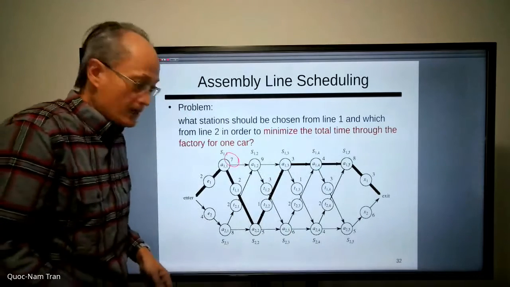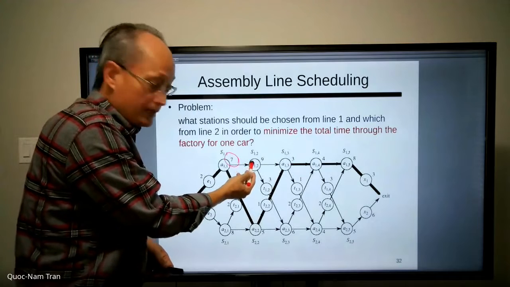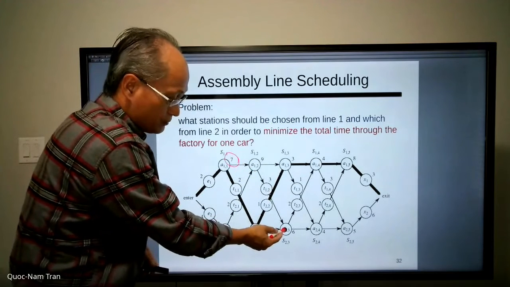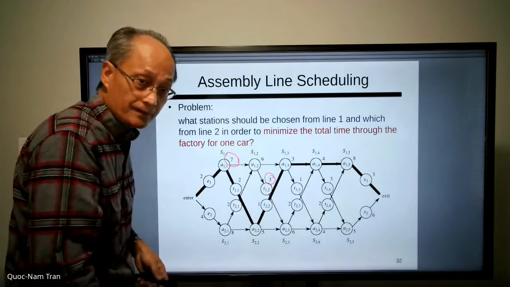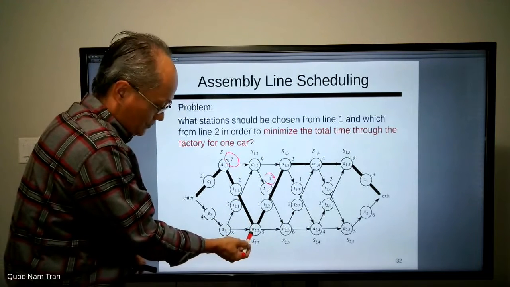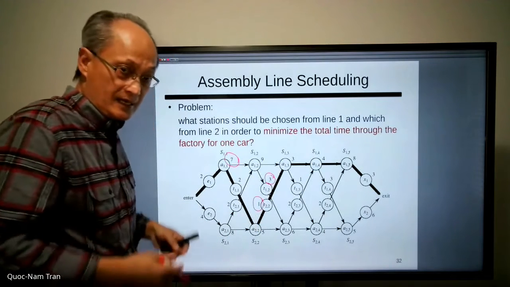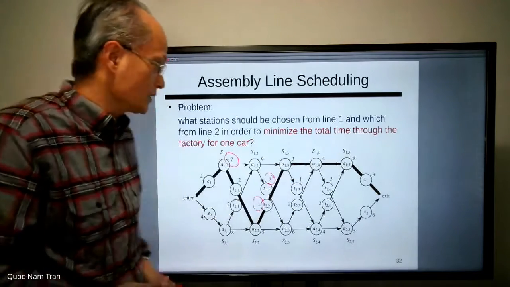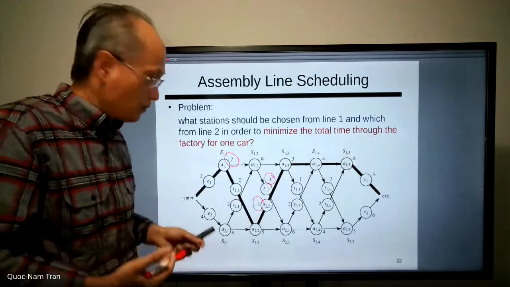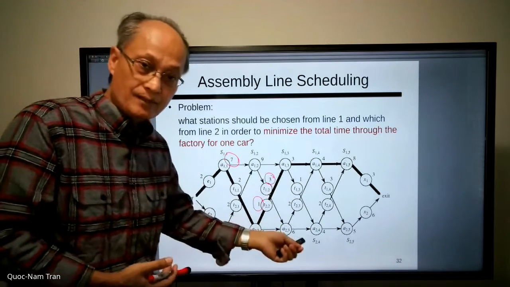And then moving from station 1 of assembly line 1 to the next assembly line will take 3 seconds, right? Moving from 2 to 1 will take 1 second. So that said, at any moment, we know the workload at each of the stations, and we know the cost for moving a car from one assembly line to the other, right?